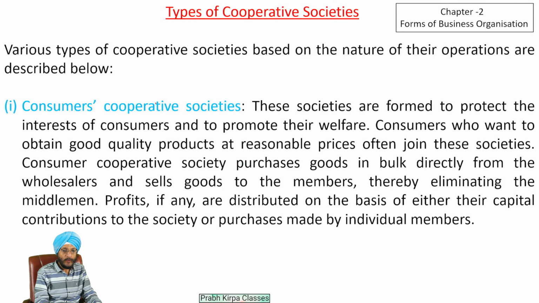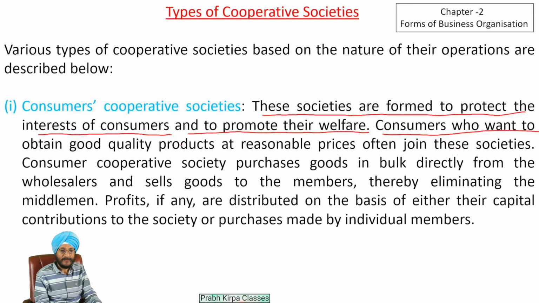First, consumers cooperative societies. These societies are formed to protect the interests of consumers and to promote their welfare. Consumers who want to obtain good quality products at reasonable prices often join these societies.